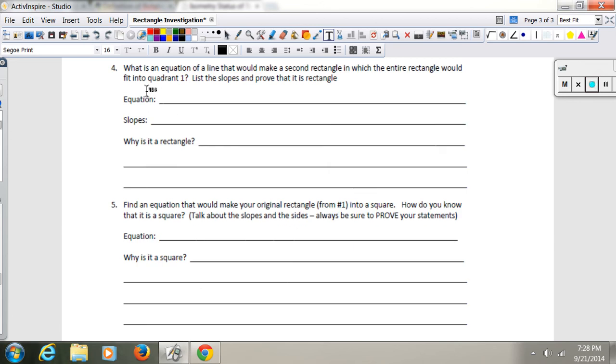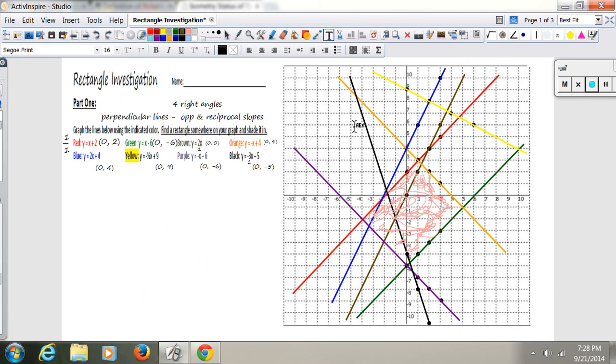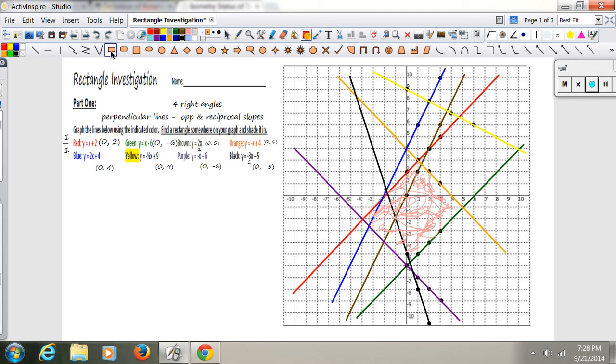What is an equation of a line that would make a second rectangle in which the entire rectangle would fit into quadrant 1? List the slope and prove it's a rectangle. Alright, well let's look at quadrant 1, which is this quadrant right here. We need to find a place where we could possibly draw another rectangle.